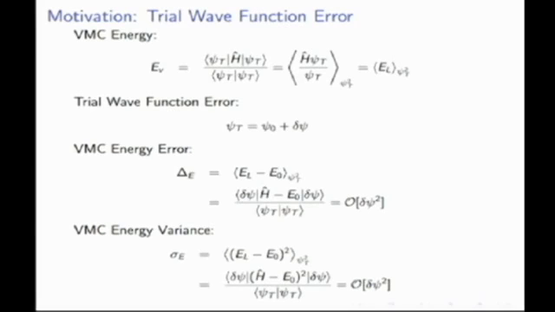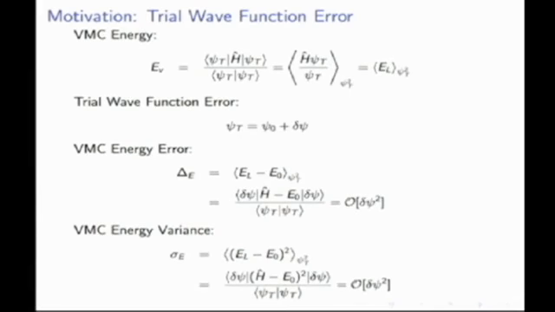The error in the energy is just the expectation value of the local energy minus E0 averaged over the trial wave function squared. After we plug this in and do a little bit of algebra, you'll see that the error is second order in the trial wave function error.